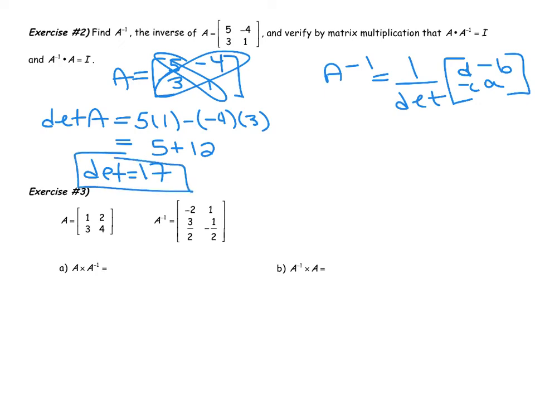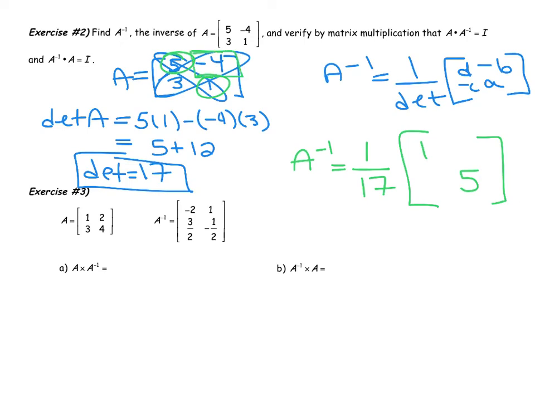So, when I find my inverse matrix, A inverse is going to equal 1 over 17 times, so D and A get switched, so this will be 1 and 5, and we negate B, and we negate C. And guys, all you got to do now is just distribute the determinant.